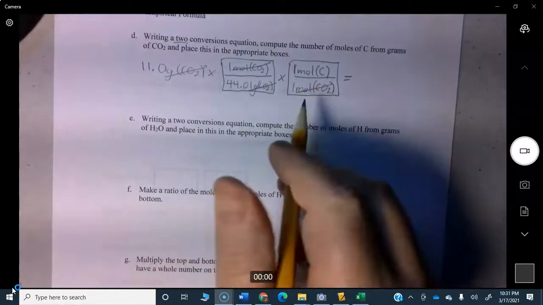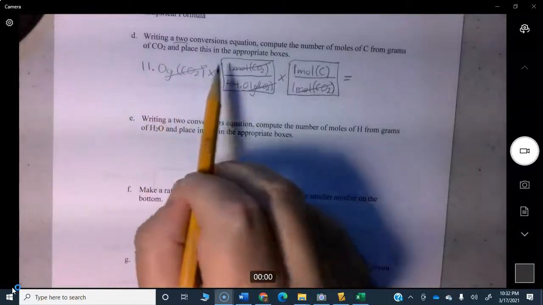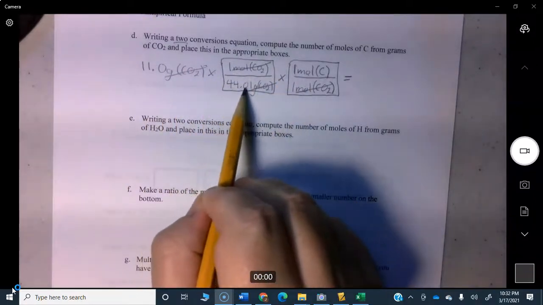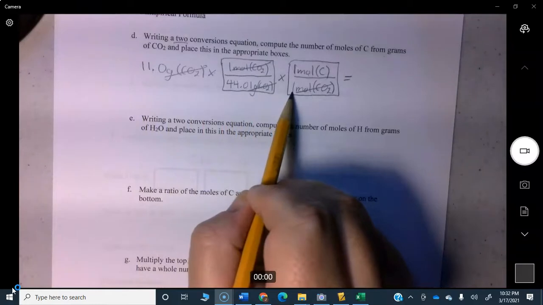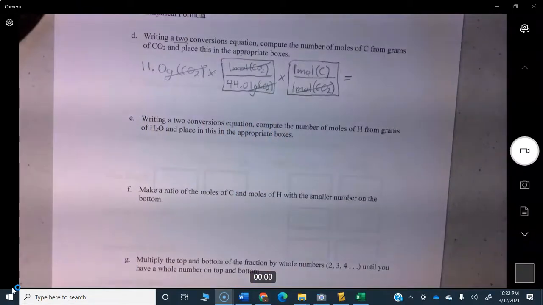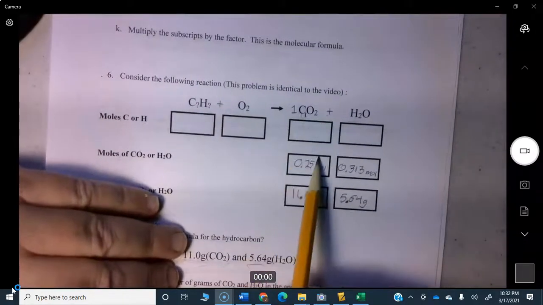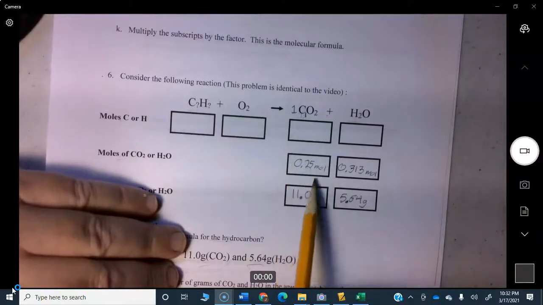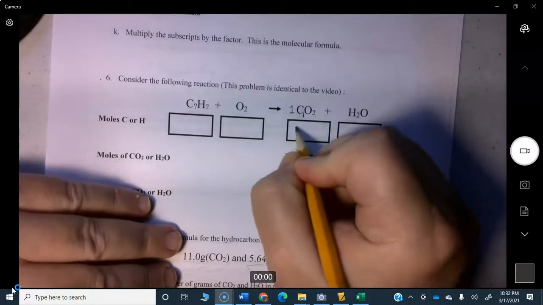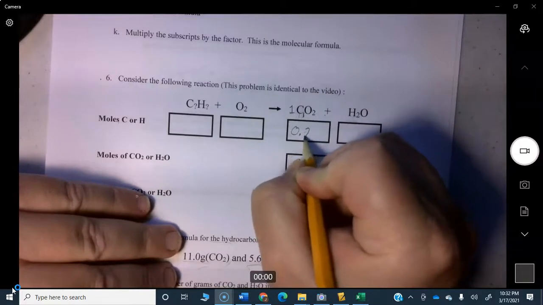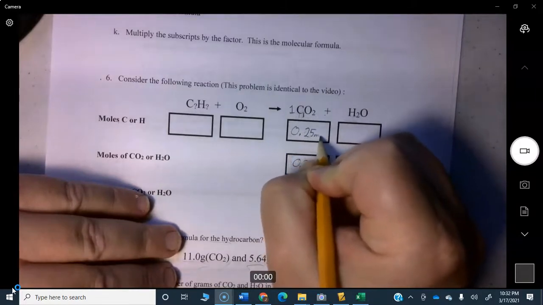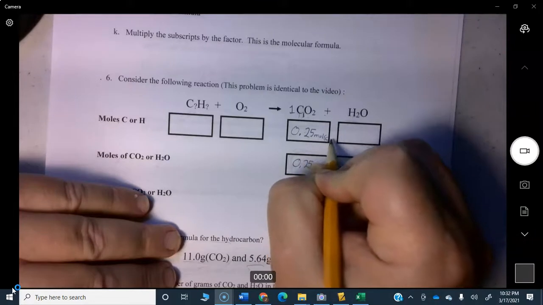So now we go ahead and do that calculation. So it's 11.0 times 1 times 1 divided by 44.01 divided by 1. And you can see if it's a 1-to-1 relationship, then the number of moles of carbon is going to be the same as the number of moles of CO2. So this is 0.25 moles of carbon.